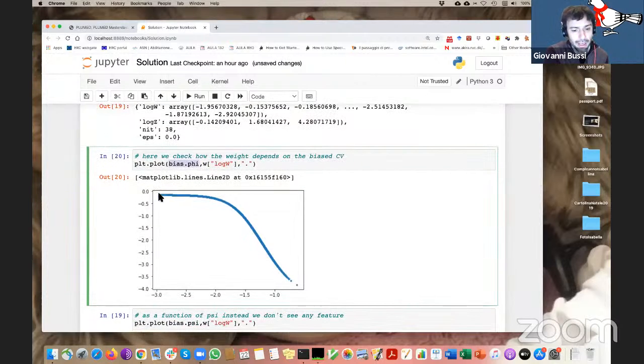You see that the weight is basically a continuous function of phi. The fact that it is continuous is not so important. What is really important is that if 2 frames in your trajectory have the same value of phi, then they will receive the same weight. Why is this happening? The reason is that phi is the only variable that has been biased.